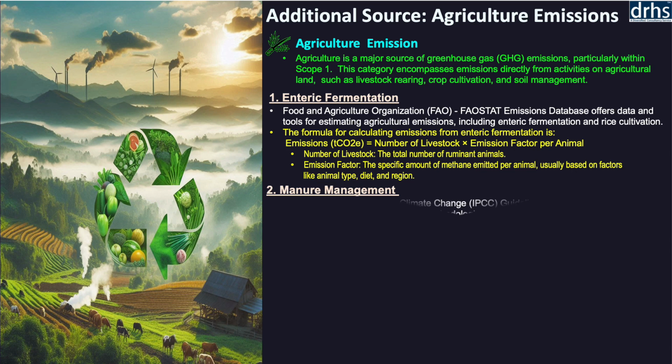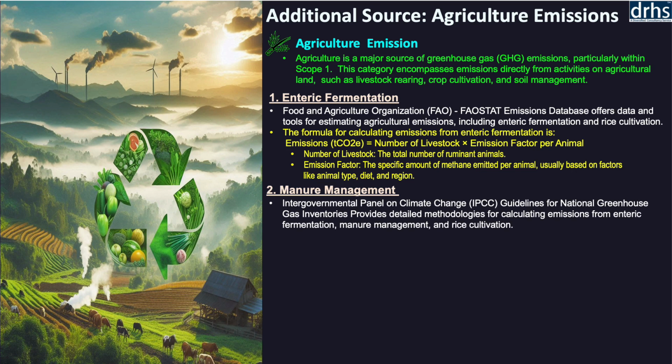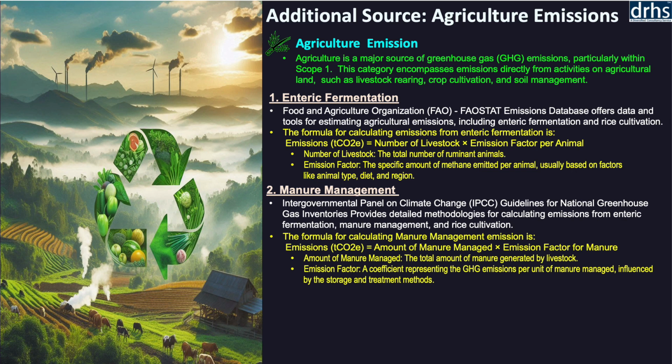The Intergovernmental Panel on Climate Change guidelines for national greenhouse gas inventories provide a detailed methodology for calculating emissions from enteric fermentation, manure management, and rice cultivation. The formula for calculating manure management emission is amount of manure managed multiplied by the emission factor for manure.